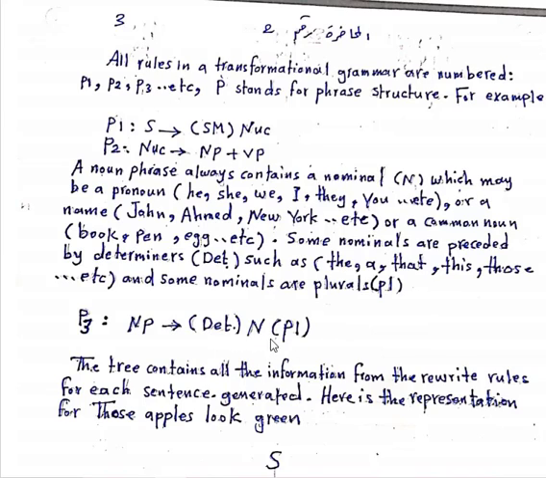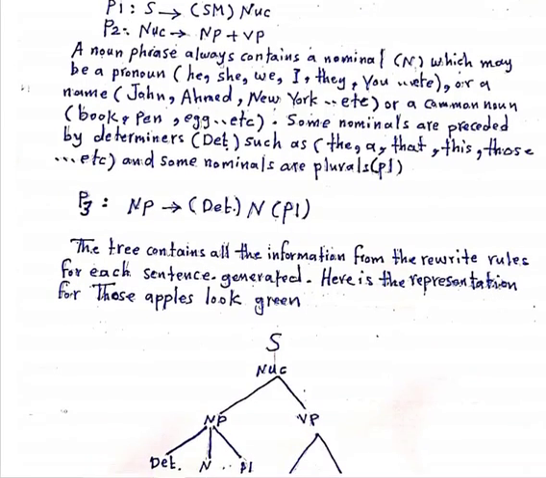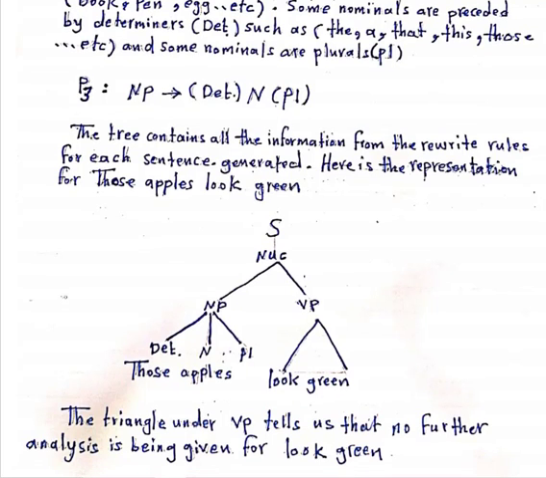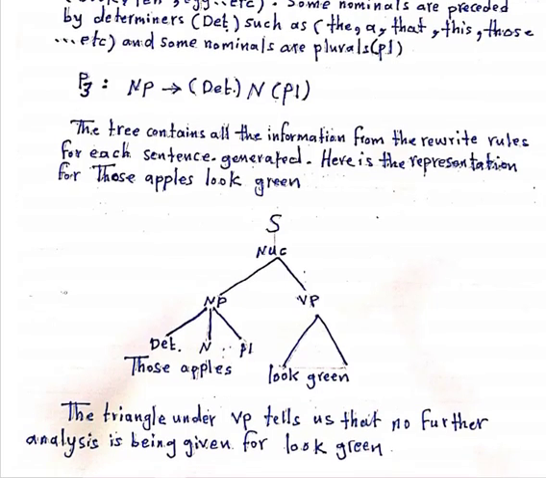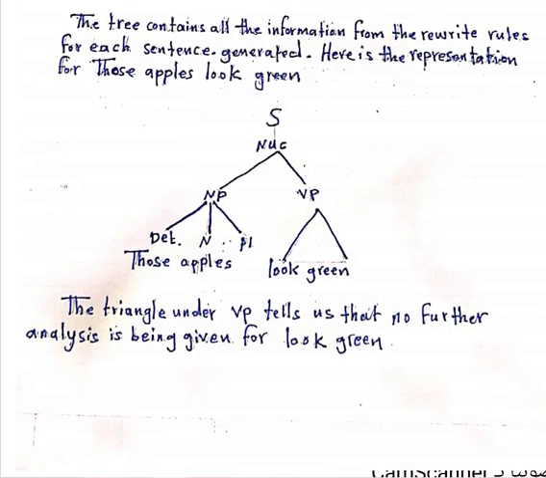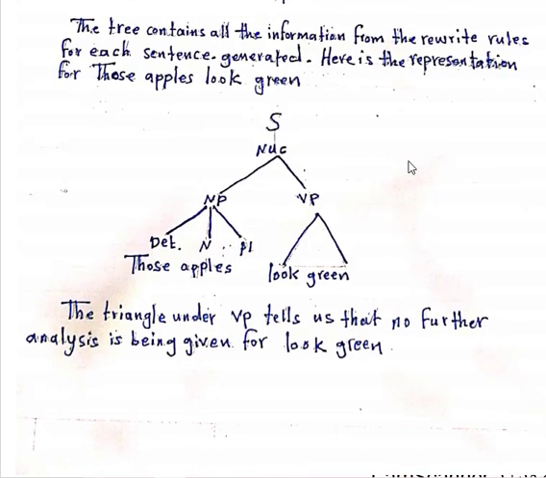The tree contains all the information from the rewrite rules for each sentence generated. Here is the tree, or representation, or diagram for Those apples look green.